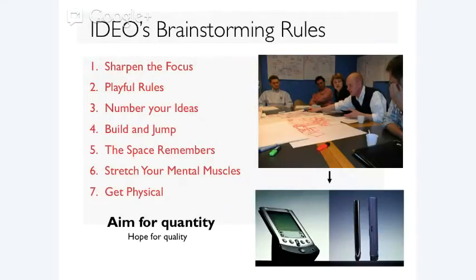All right, so let's quickly go through the brainstorming rules in the last couple of minutes. There are a number of rules, and we'll go through them one by one to get you to a more productive brainstorm. The most important goal is to aim for quantity. You want to have as many things on paper at the end as possible, and hope for quality, that there'll be some diamonds in the rough within that quantity.